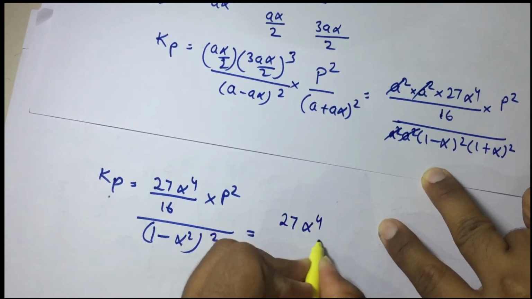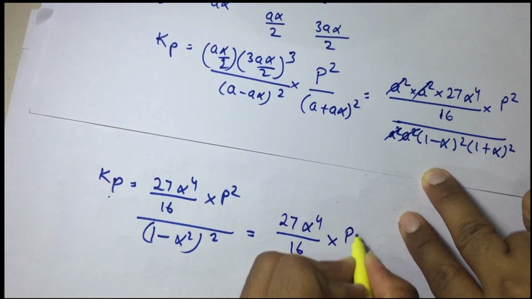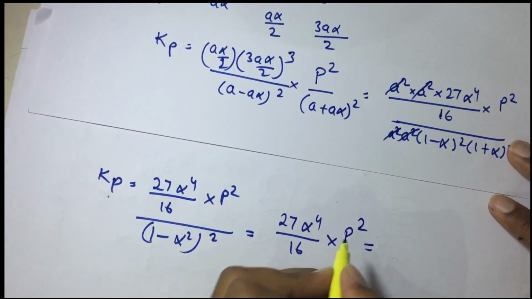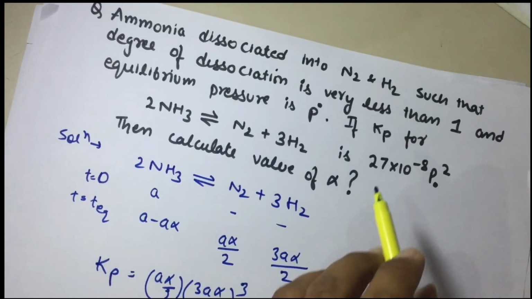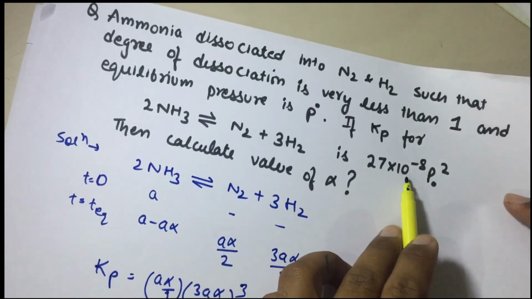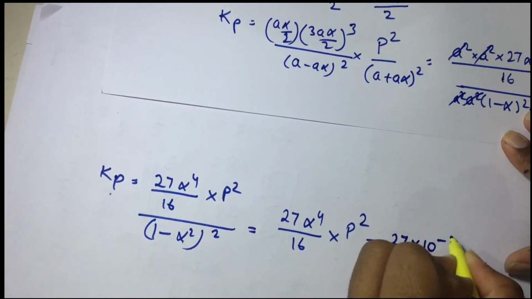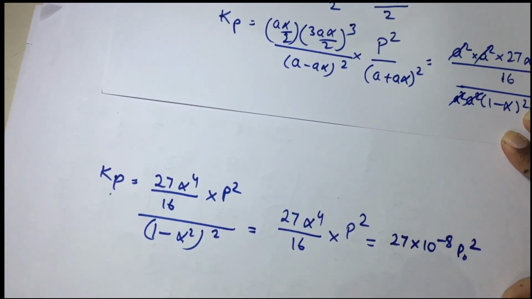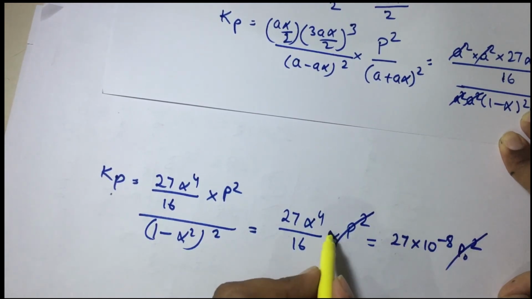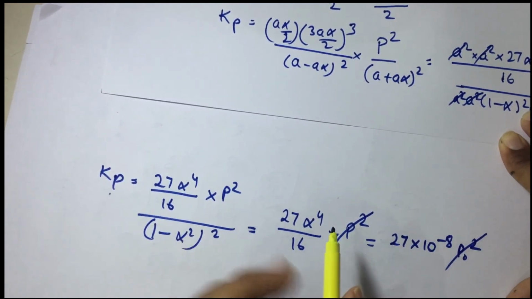Then 27 alpha to the power 4 upon 16 into P square will become equal to, now the value of Kp is also given, 27 into 10 to the power minus 8 into P naught to the power 2. So P can cancel out each other because both are pressure at equilibrium.